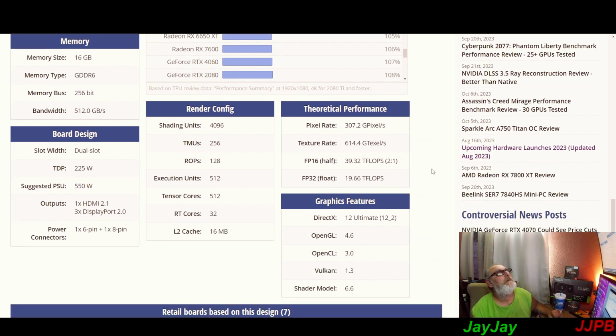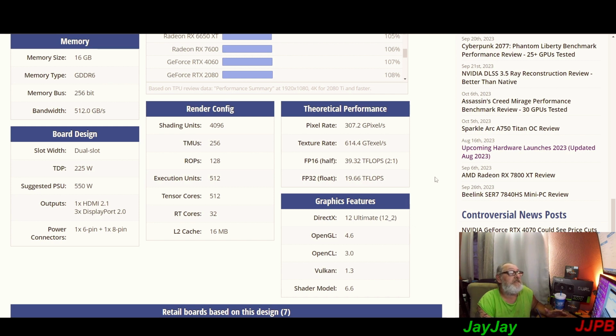But shading units ain't everything. I'm just going to make you see, because the reason why I'm saying this is because the RTX 4070 has 5,888 cores, or shading units, or whatever you want to call it. It's still the same from what I'm concerned about. It has 32 RT cores, and this has 512 tensor cores.